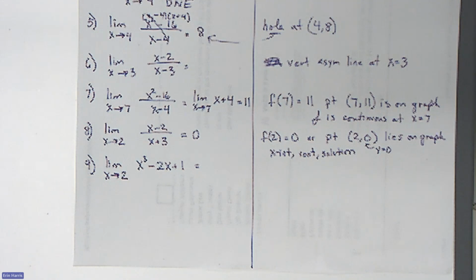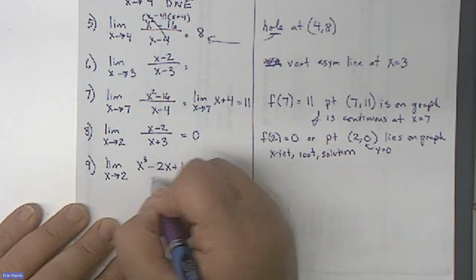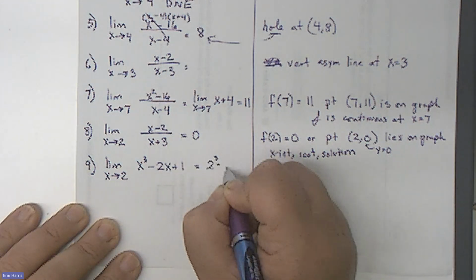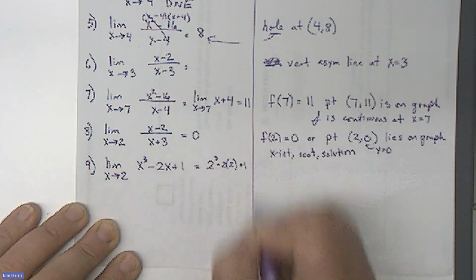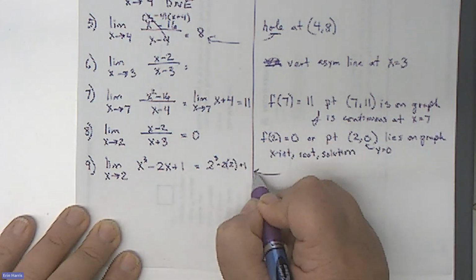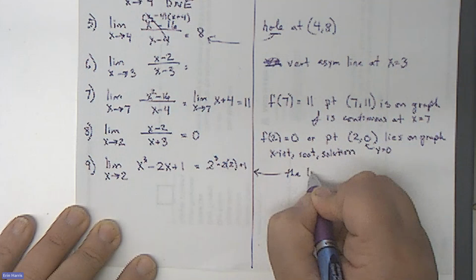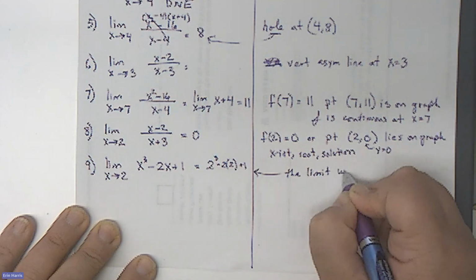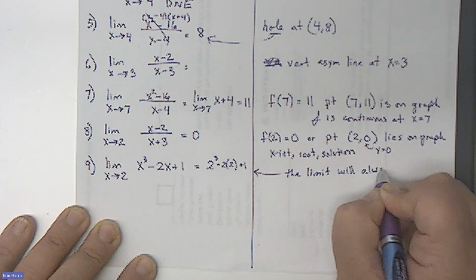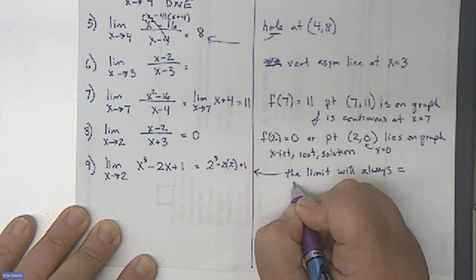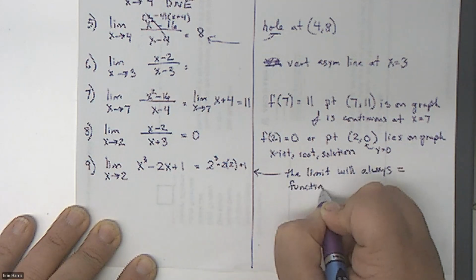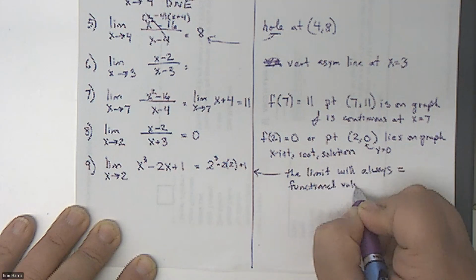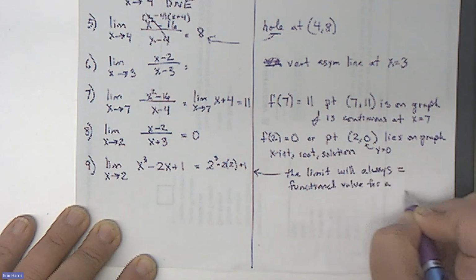That's one of the things we love about polynomials: there are no holes, no asymptote lines, the domain's all reals. Which means if I want to find the limit, I just plug in. So the limit will always equal the functional value for a polynomial.